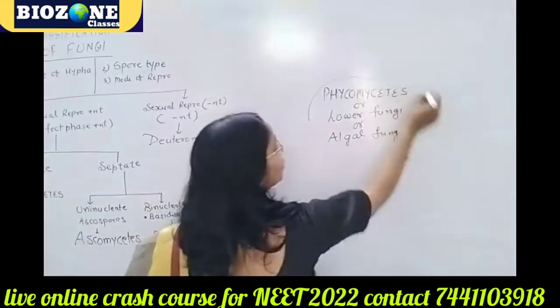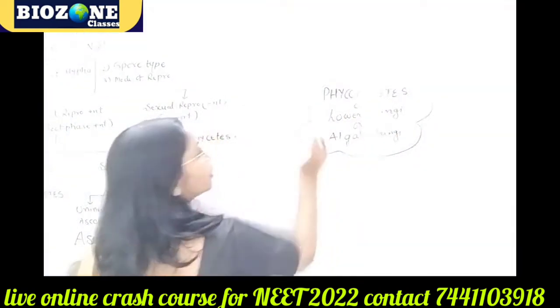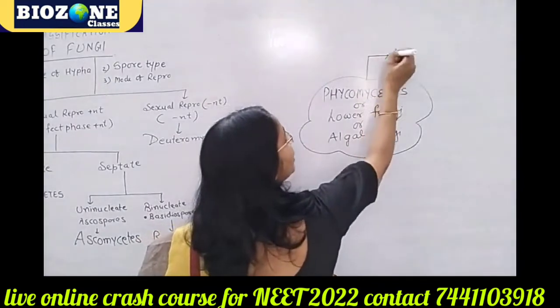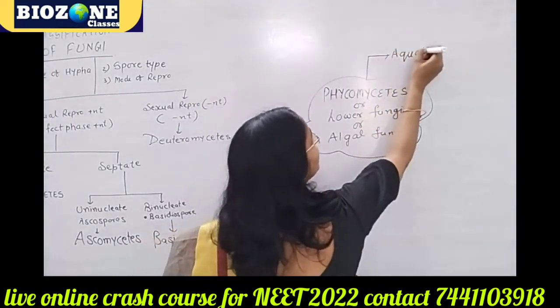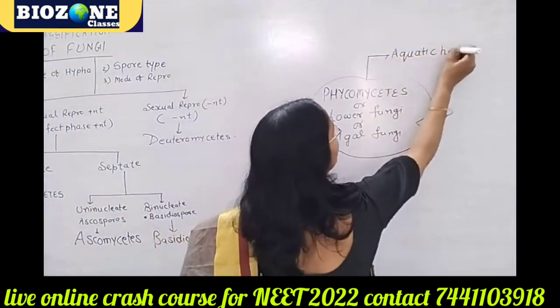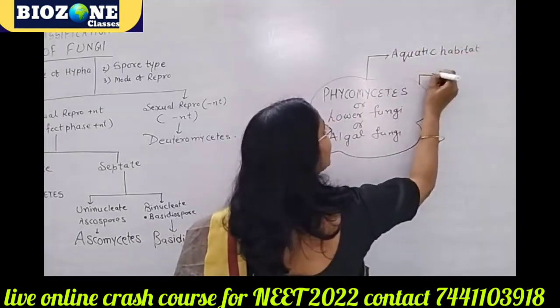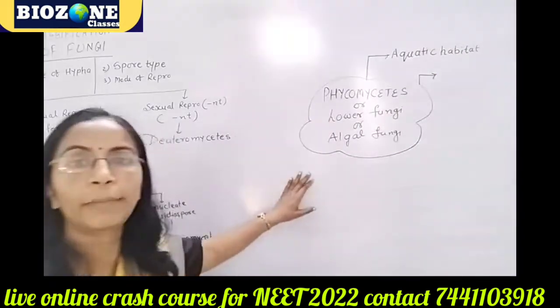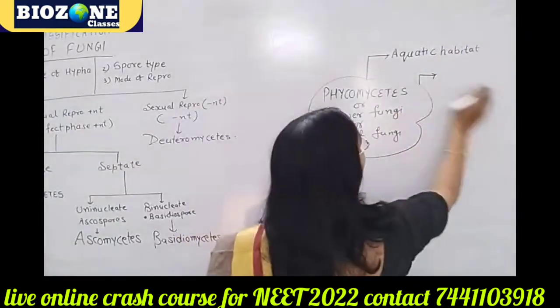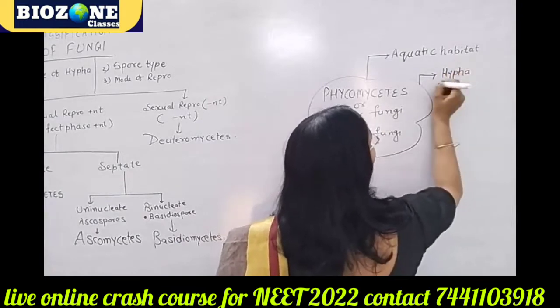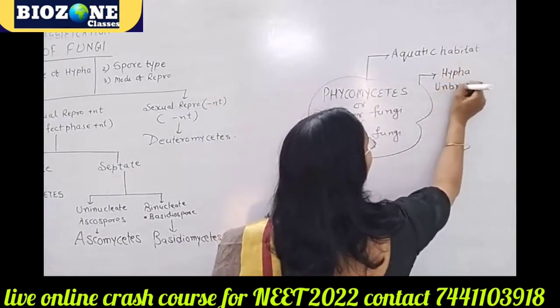Now here, when we study the classification for Phycomycetes, first important habitat you remember: the habitat is aquatic. First thing you remember, aquatic habitat is present. Secondly, when you come towards the structure, the hypha is unbranched, this point is important.